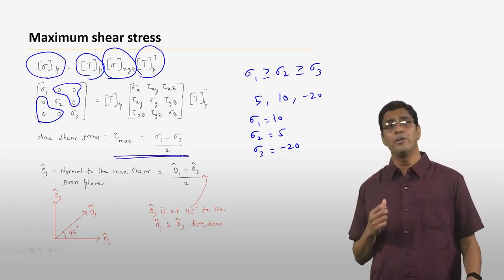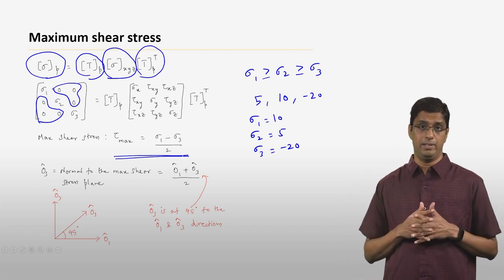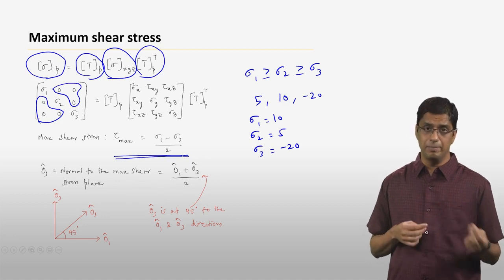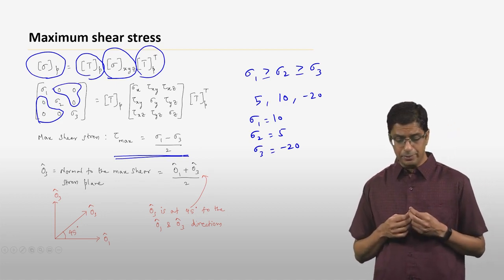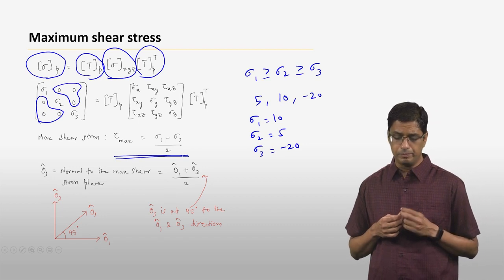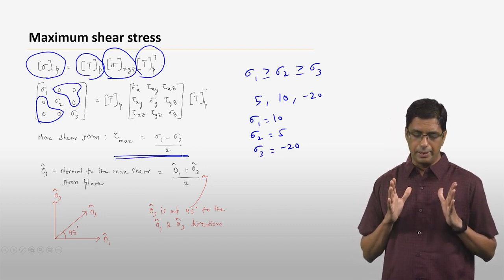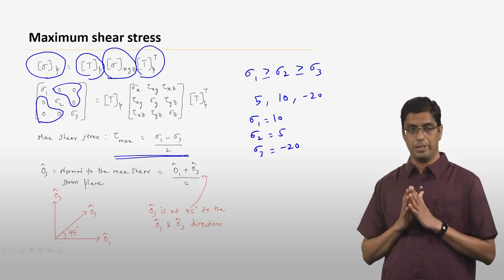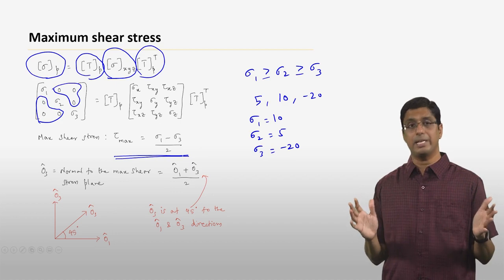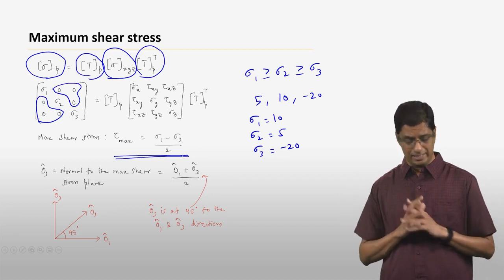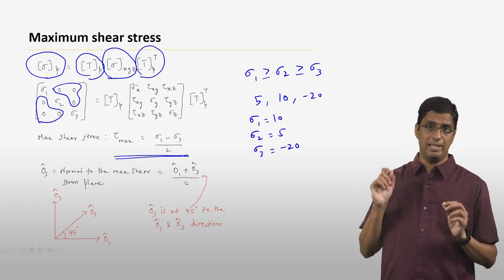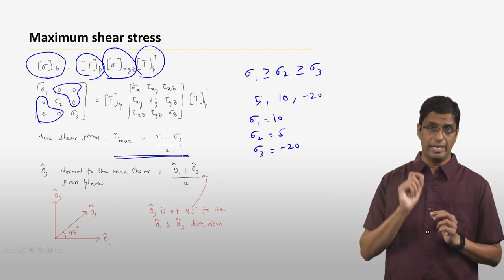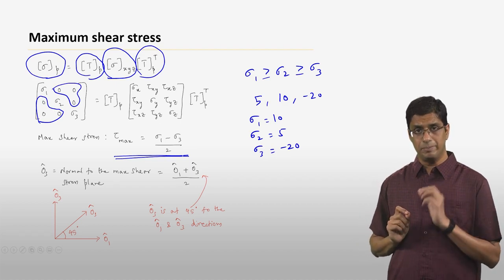Now how do you find the normal to the plane on which this maximum shear stress occurs? There's a simple way to do that. The simple way is essentially the average of O1 cap and O3 cap, so O1 cap plus O3 cap divided by 2. What I mean by that is that O1 cap is the direction of the maximum principal stress, and O3 cap is the direction of the minimum principal stress.